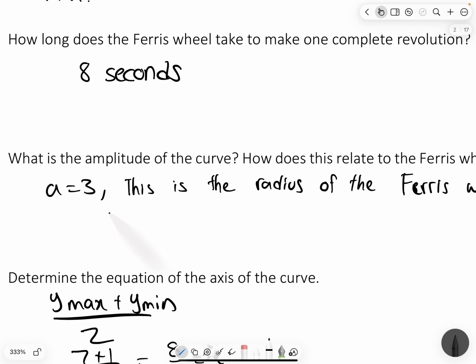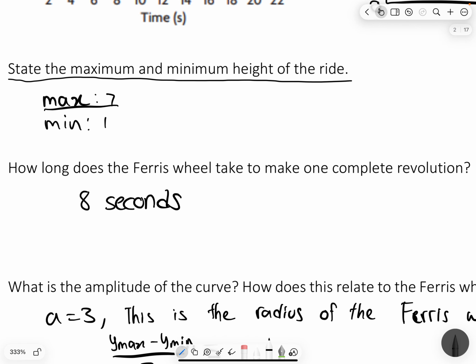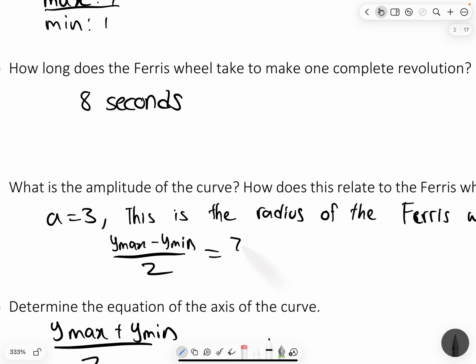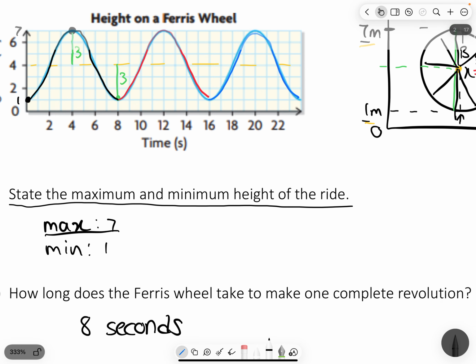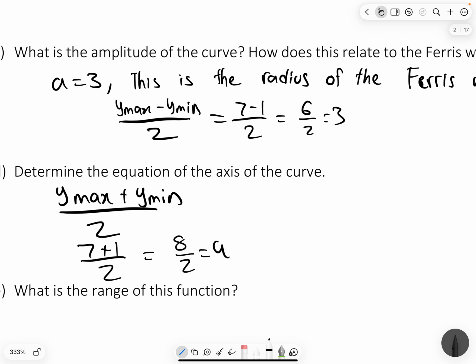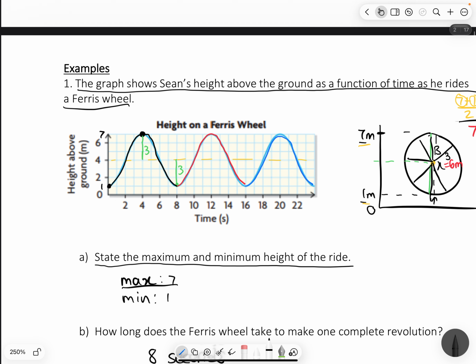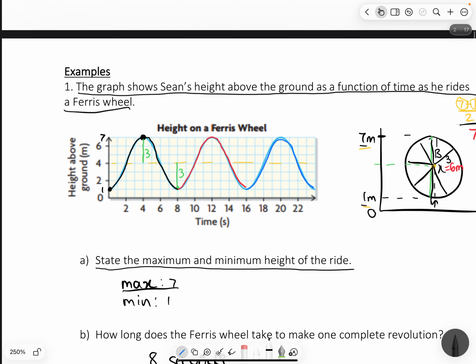If we want, we could do the same thing here with the formula. We could do y max minus y min divided by 2, right? We could do 7 minus 1, divided by 2, equals 6 divided by 2, which is 3. That's our amplitude value. So what is the range of this function? We can see that the lowest value here is 1 and the maximum value here is 7.